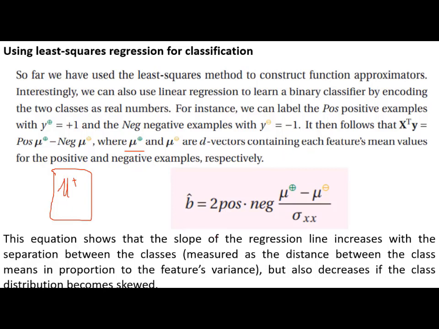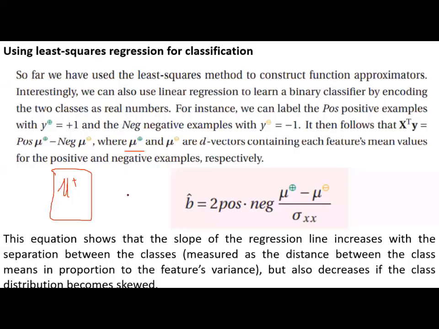The final formula would be like this. Mu plus is a vector, and mu minus is another vector. Mu plus contains positive mean values, and mu minus contains negative mean values.